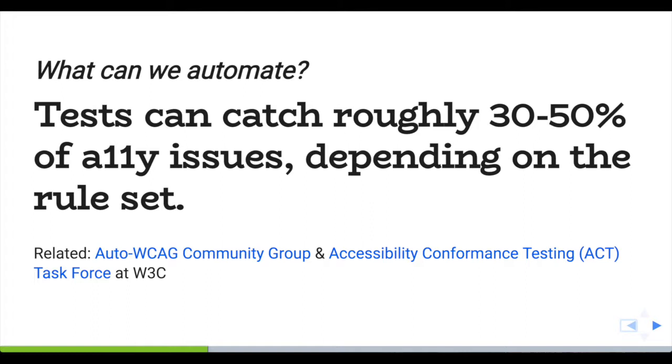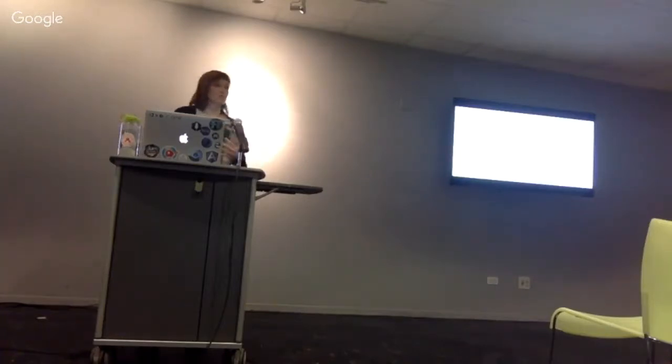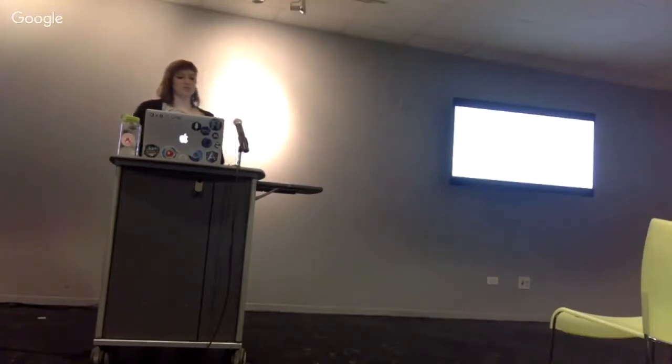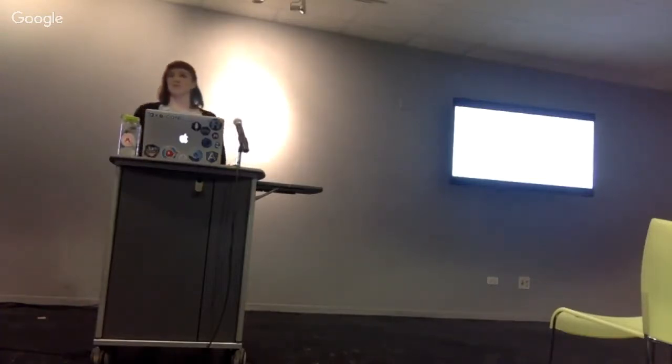What can we automate? We can only catch roughly 30 to 50% of accessibility issues, and that depends on your rule set. If you're in another country, maybe you're not using WCAG, it really varies what rule set we're actually testing against, but it's that smaller set of 30 to 50%. And some really interesting work that's happening in this space is the Auto WCAG Community Group and the Accessibility Conformance Testing Task Force at the W3C.